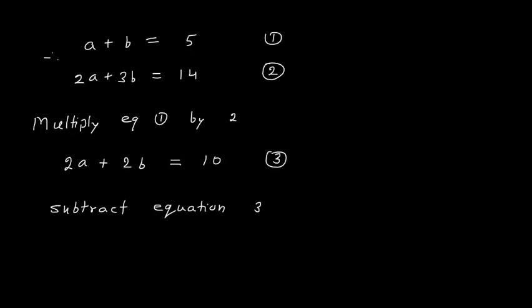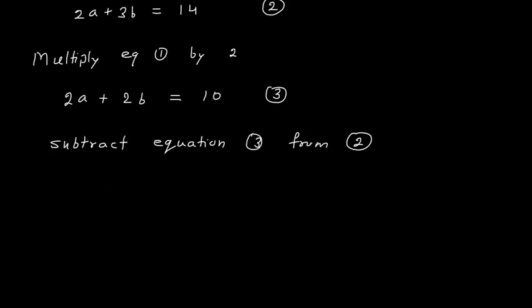So 2a plus 3b is equal to 14, this is equation 2, and 2a plus 2b equal to 10, this is equation 3.